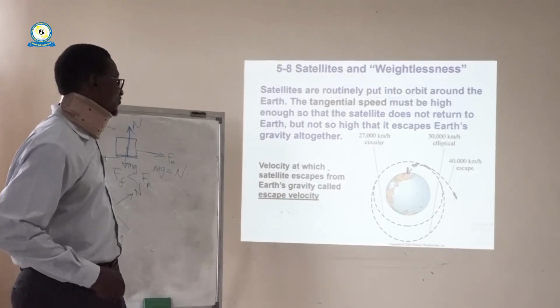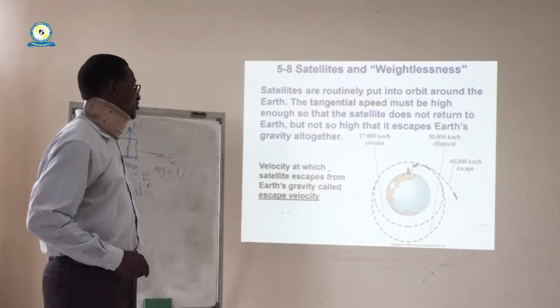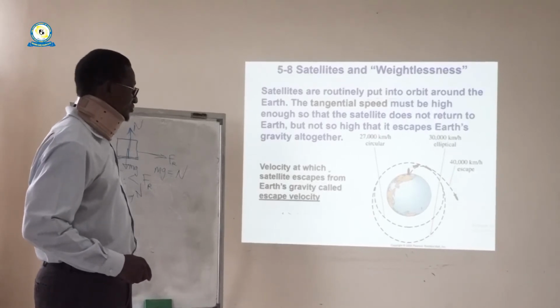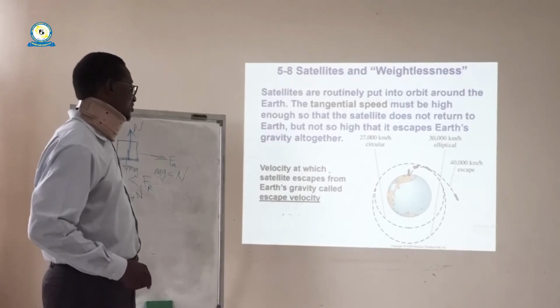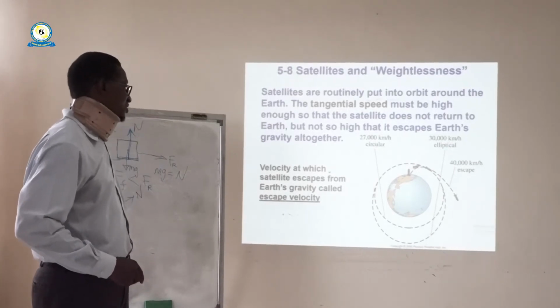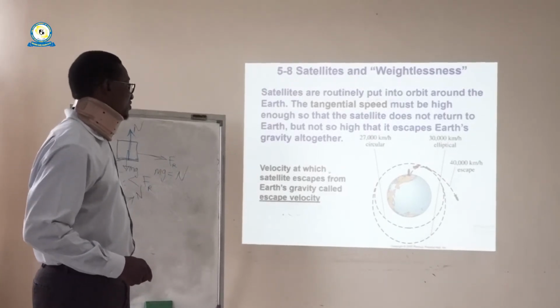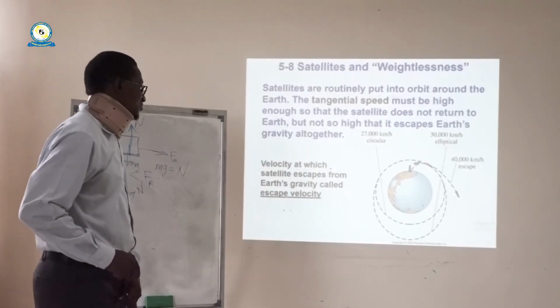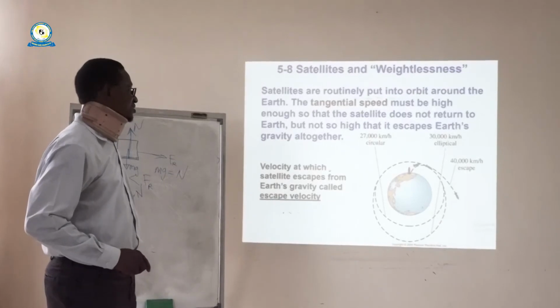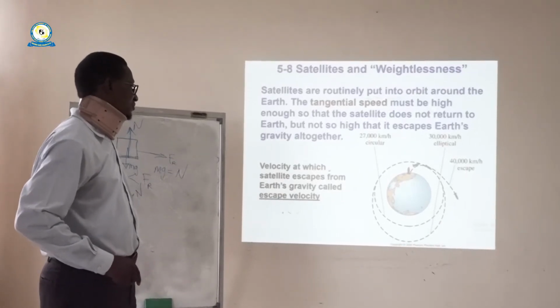These are shapes of trajectories, different trajectories. They have meanings in all these trajectories. This one here is an elliptical shape.